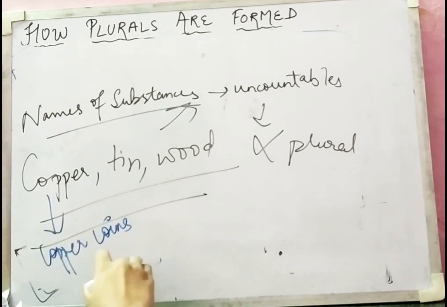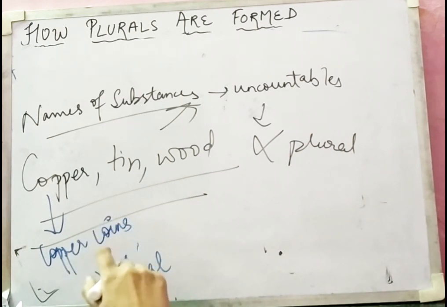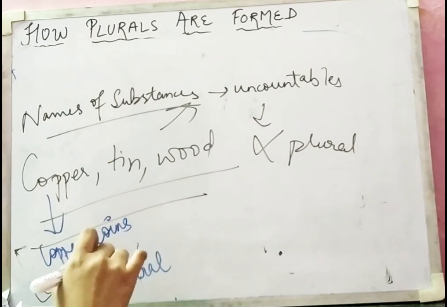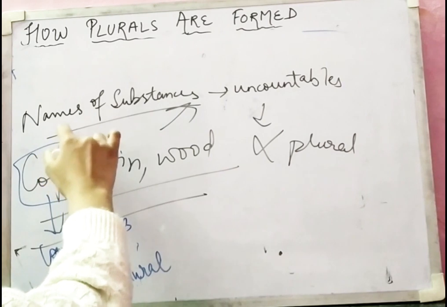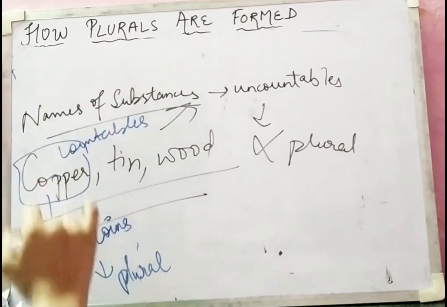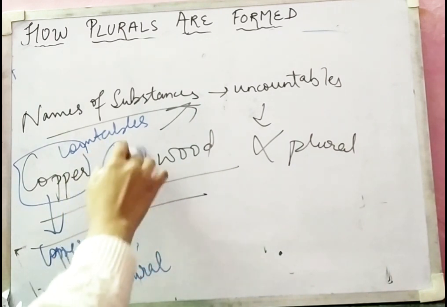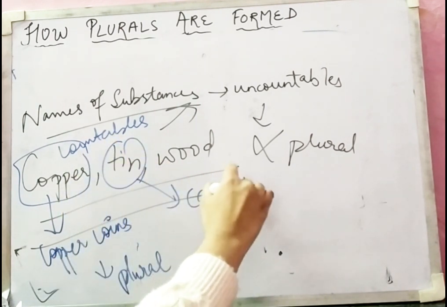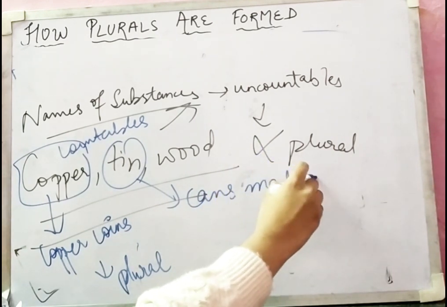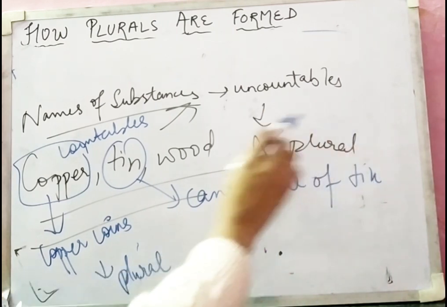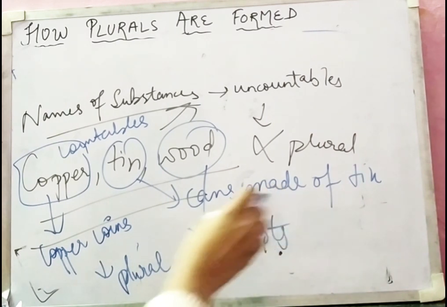When they are plural, the meaning changes and they become countables. Similarly, tins means cans made of tin. Similarly, wood means forest. So these are examples.